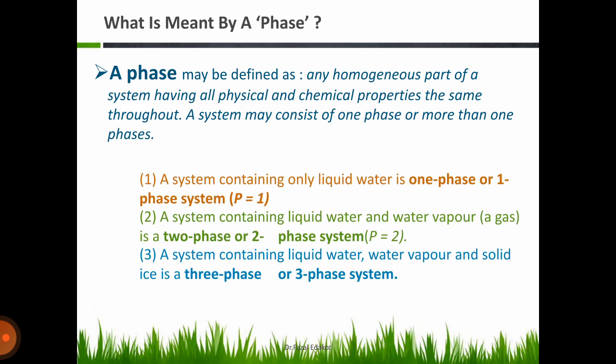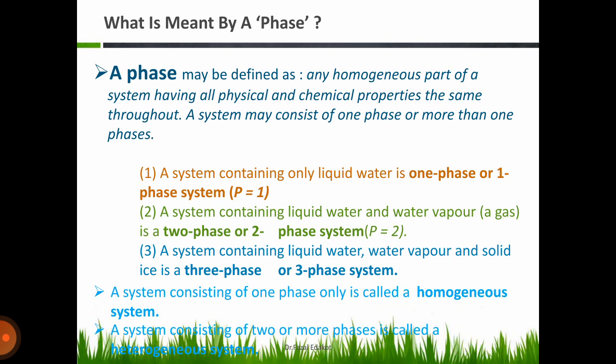So, a system containing only liquid water is a one phase system. A system containing liquid water and water vapor, that is a gas, is a two phase system. A system containing liquid water, water vapor, and solid ice is a three phase system.